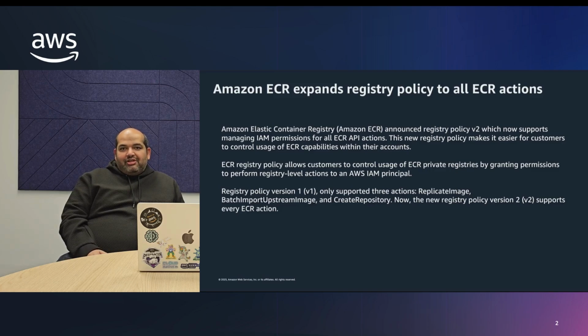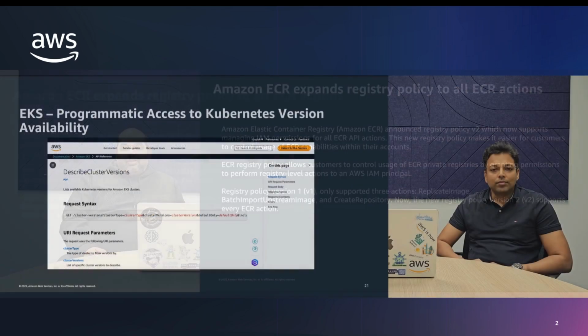Although there were only 3 specific APIs that could be managed using registry policy version 1. Now, in order for us to give our customers more control over which API actions are allowed for a particular AWS IAM principal, we've announced version 2. So now all the ECR APIs can be managed through registry policy.